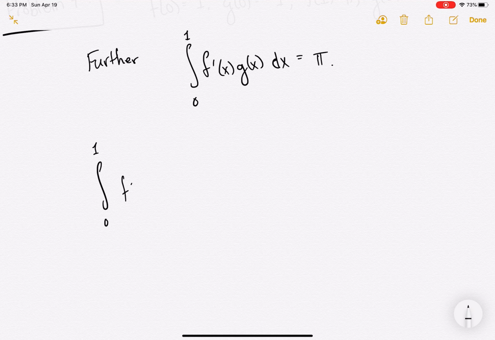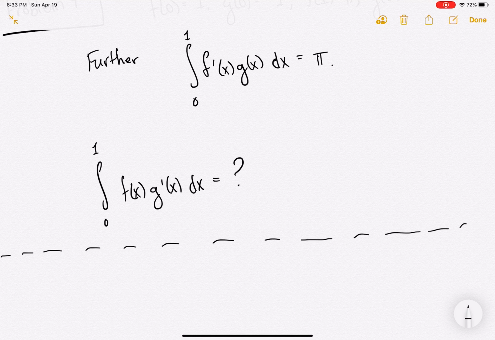It has f of x, g prime of x, dx. So this is very abstract, and you might be worried right now. Yeah, I write hard problems sometimes.